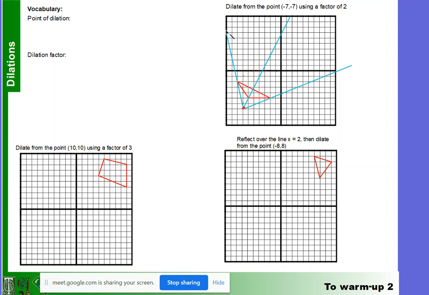The advantage to doing this is that I know absolutely that the new points, the points of the image, will be along those lines. So if I get points that are not on that line, I know I've done something wrong.